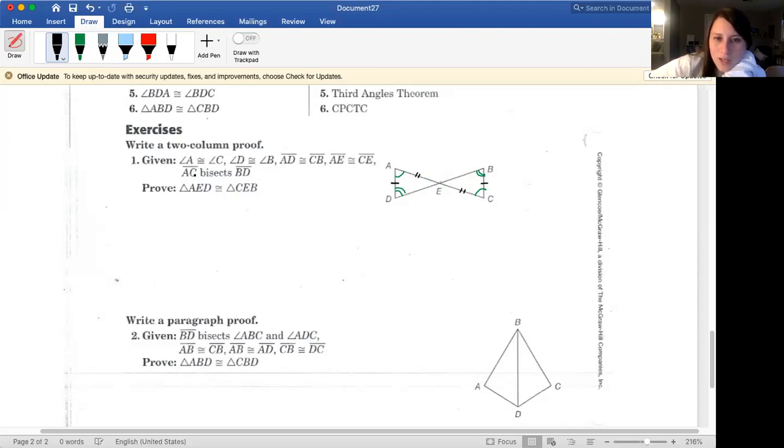Oh, and then it says AC bisects BD. Now we've got bisectors of sides, like where if you have this, let's say that this is AC and then BD is bisecting, it's cutting through this.